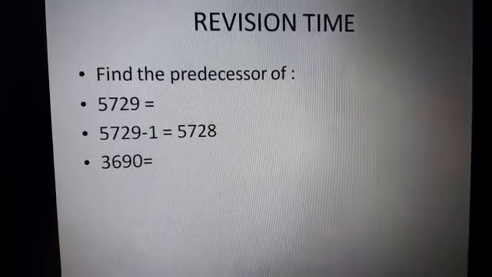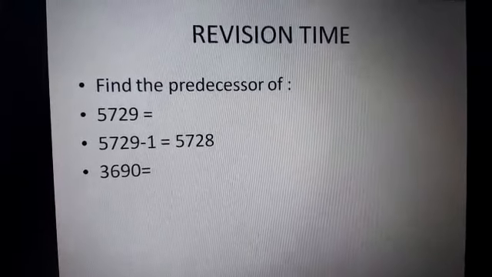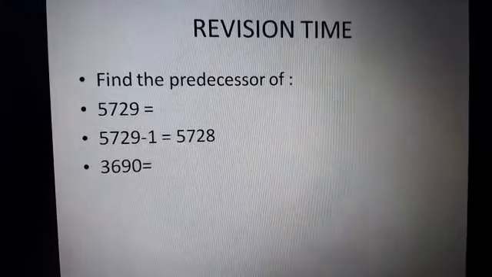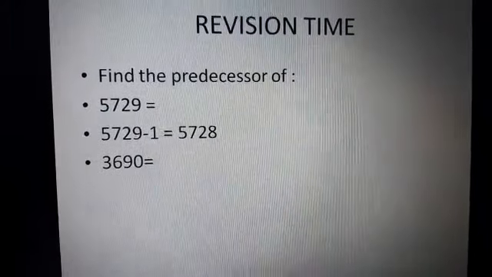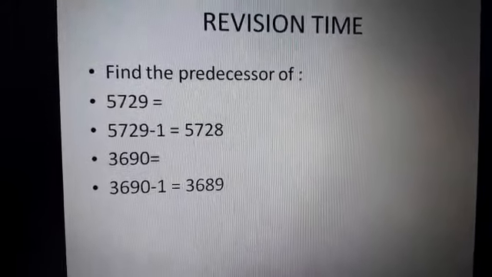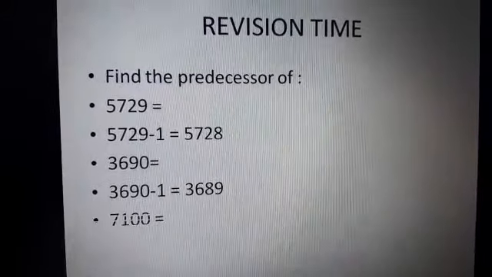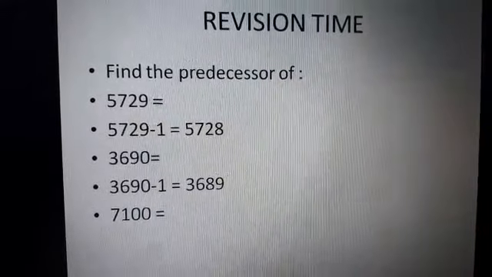What about 3690? I want to find the predecessor of 3690. What I'll do? I have to find a number which comes before it. So I'm going to subtract 1 from it. So the answer is 3689. What about this example 7100?